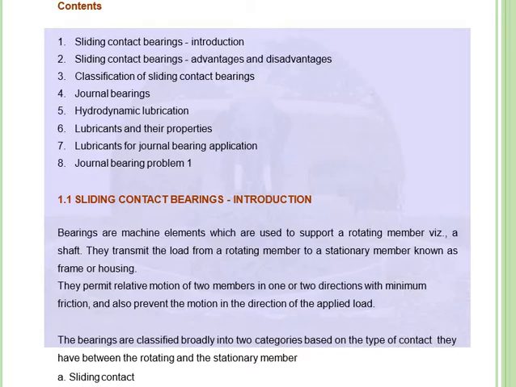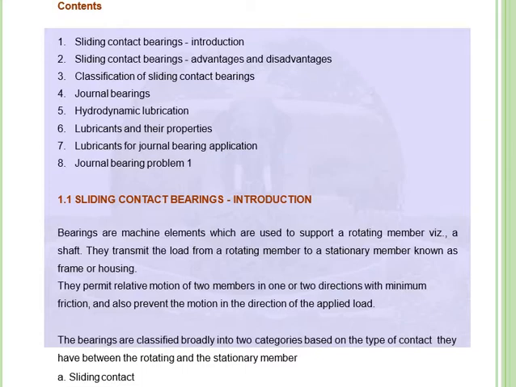For example, take a crankshaft: between the ends of the crankshaft we support it with a bearing. So the bearing is a machine element, and we can define the bearing when the shaft is rotating inside of it.